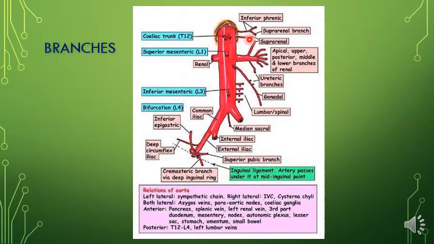The upper and lower suprarenal arteries are derived from other arteries, but the middle suprarenal comes from the abdominal aorta. Then the renal arteries, both right and left renal arteries, and gonadal arteries.